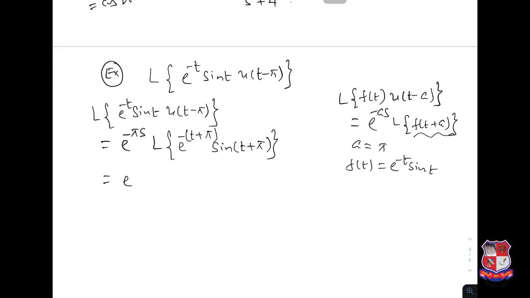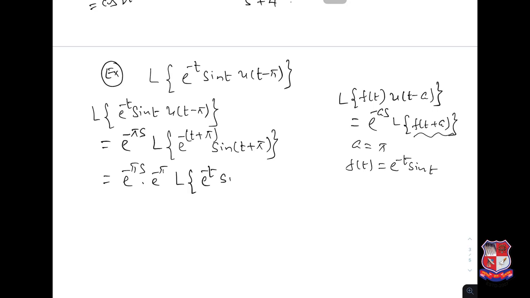This is e power minus pi s, and now this is e power minus pi, that is constant, so it can be taken outside. So this is e power minus pi, Laplace transformation of e power minus t.